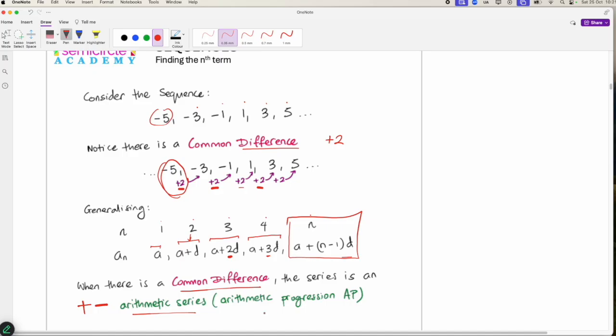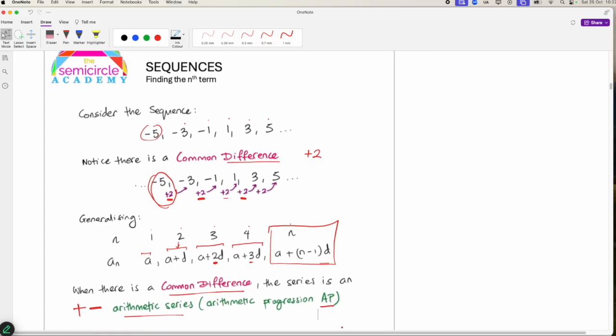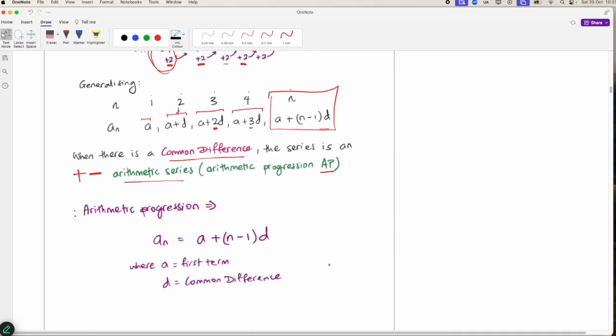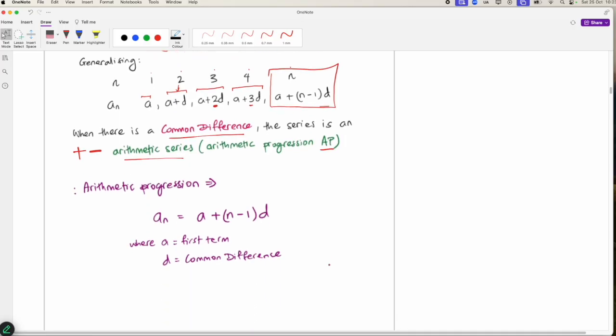It's also called an arithmetic progression, or an AP for short. So this one here is sequences, finding the nth term. For an arithmetic progression, if you want to find the nth term, or even the formula for the nth term, you could use this equation, and this equation will give you anything you want.